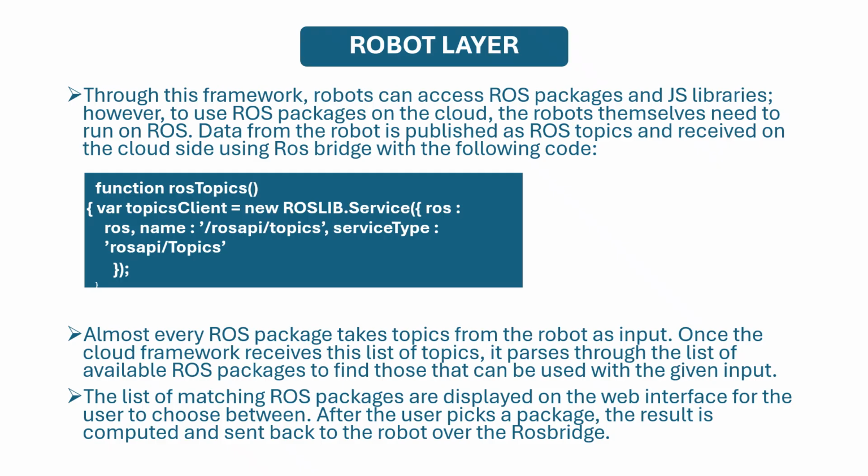After the user picks up a ROS package, the output is computed and sent back to the user, that means to the robot, with the help of the ROS bridge. Clear? I hope you got the explanation of how ROS packages help the robot provide the output for the corresponding input signal.